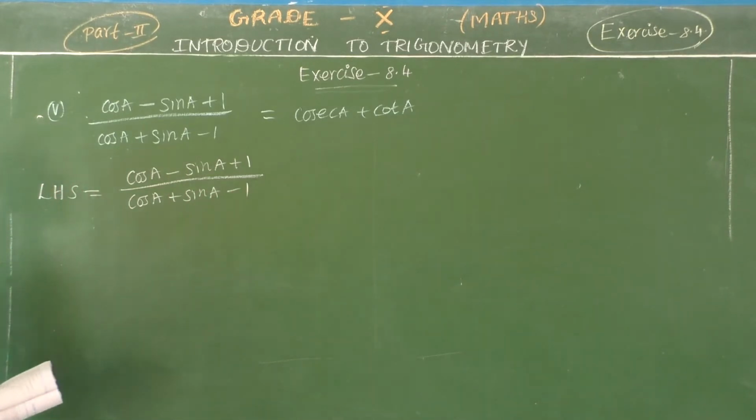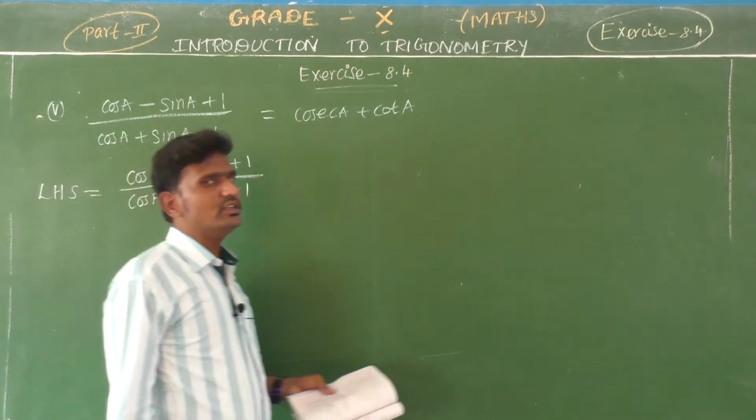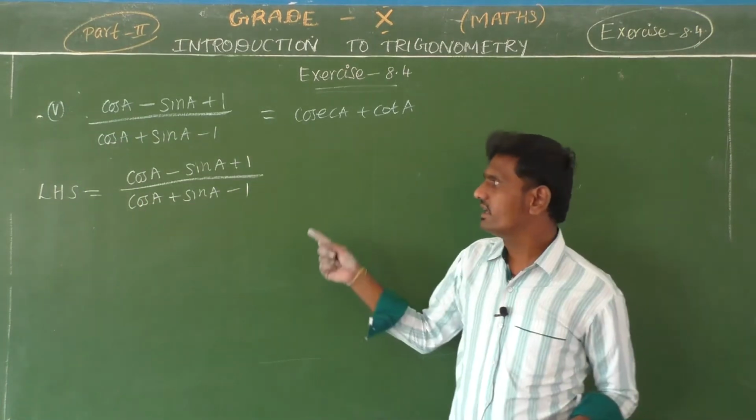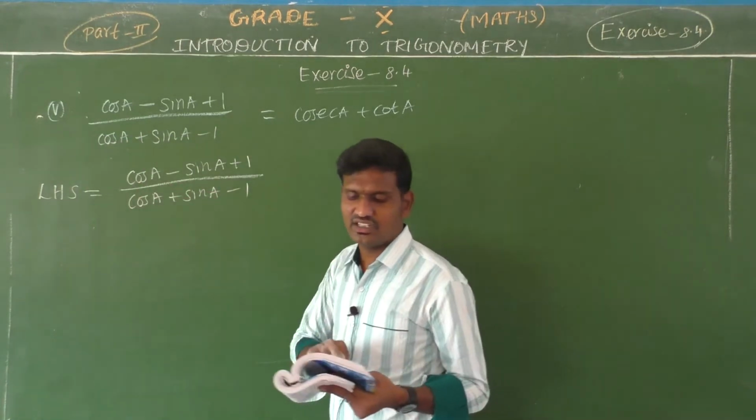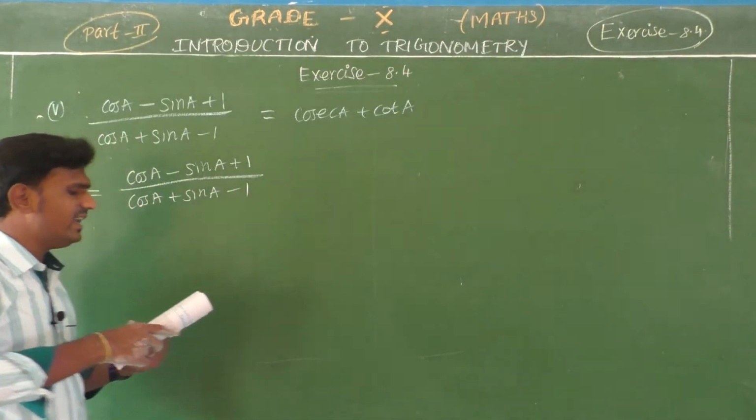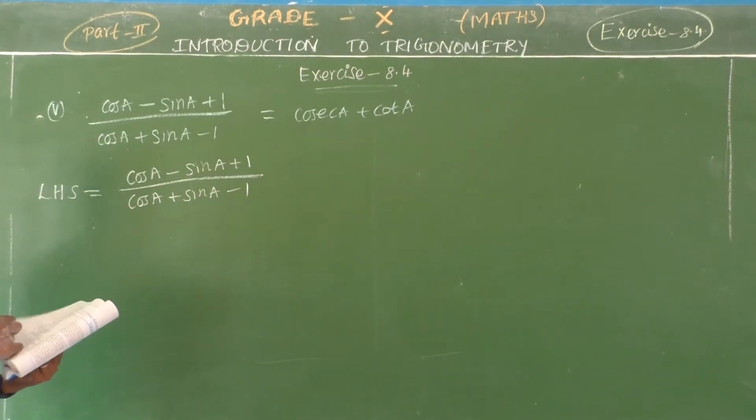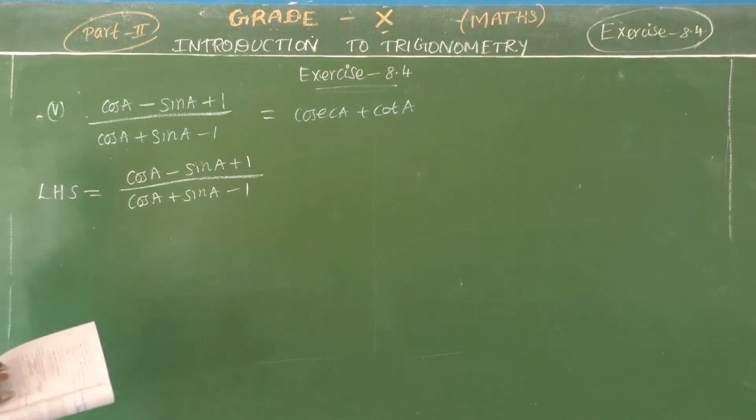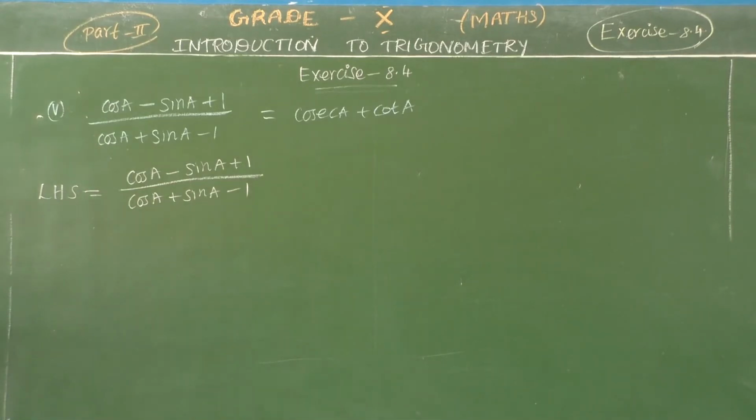This pattern of question is very simple to solve using the identity cosecant square A equal to 1 plus cot square A. This is given in your book as a hint.